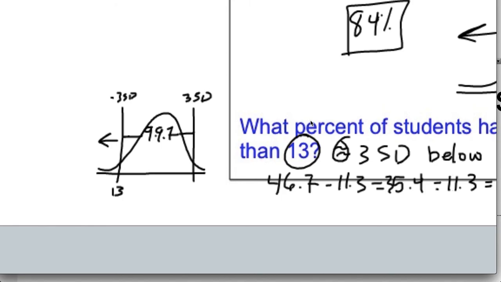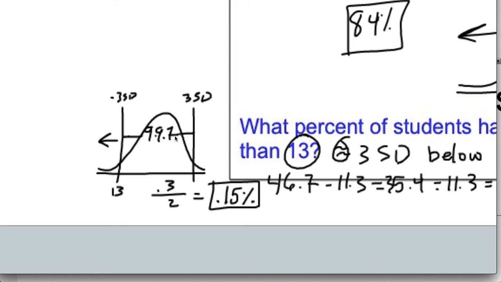So that means that 0.3% is on the outside, and if it's 0.3 total divided by 2, that's not 15%, but 0.15% of the data was below that standard deviation.